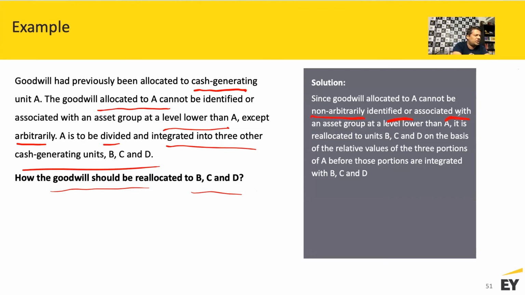It is reallocated to units B, C and D on the basis of the relative value of the three portions of A before those portions are integrated with B, C and D. So you have to determine those relative values and then allocate to B, C and D in an appropriate systematic manner. Depending upon the information available, you will have to exercise your judgment and appropriately do the accounting, reporting and disclosure for such a situation.